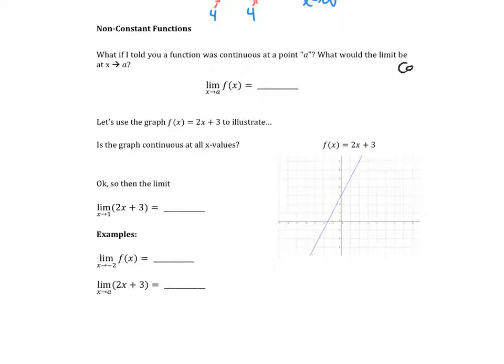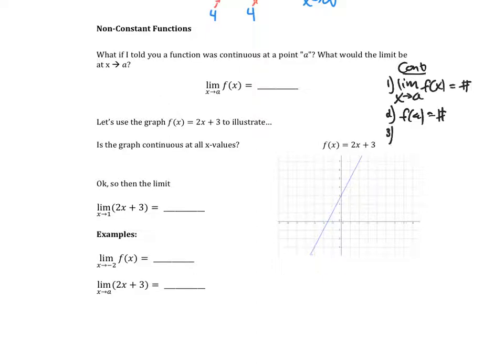If it's continuous, we do know that one, the limit as we approach A must equal a number. It must exist. Two, the value there must equal a number.